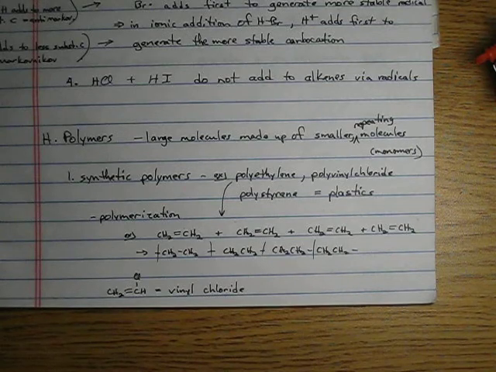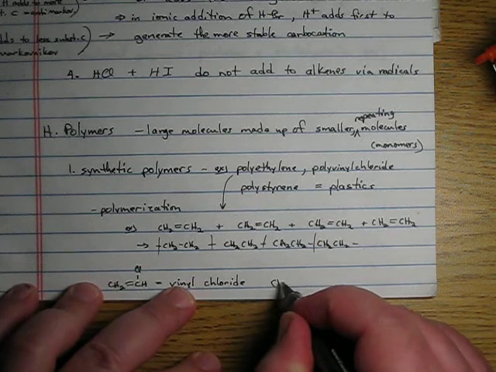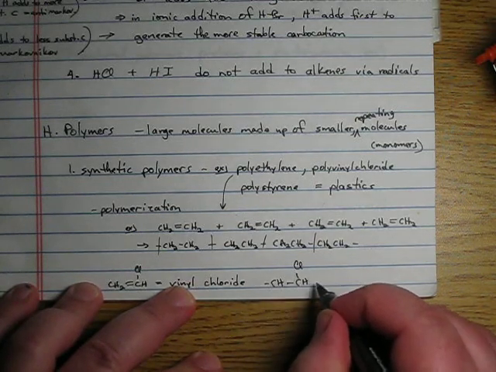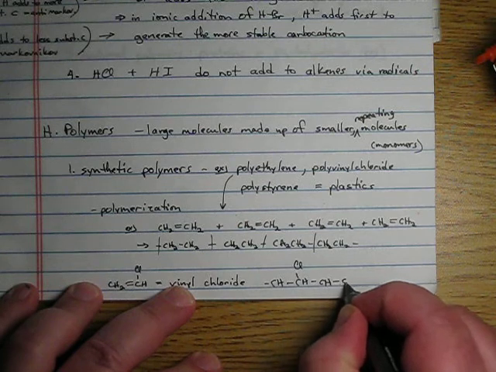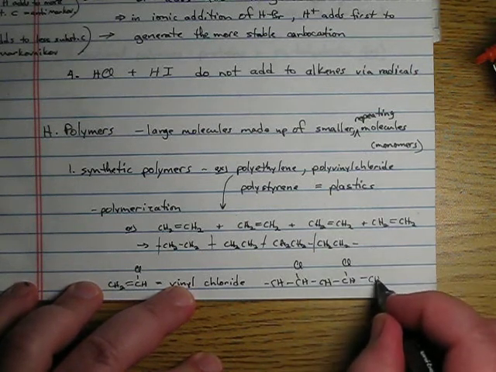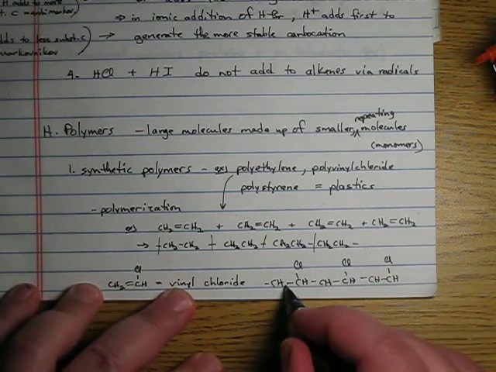this chain will always be made like this, where you'll have CH single bond, CHCl single bond, CH, CHCl single bond, CH, CHCl, excuse me, single bond CH2s here.